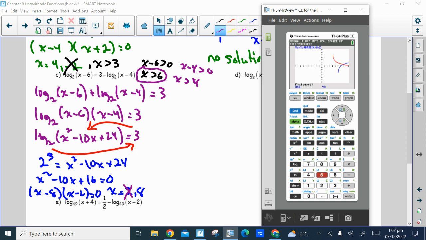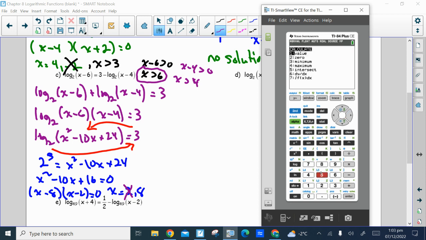Now, notice that I went second function, zoom, then trace. It's asking for the first curve, and it's putting x at 0, and there is no y value indicated because this graph doesn't start till way over here somewhere. Okay, so we're going to have to manually put in an x value, or we can use our arrow key, but I think we can put an x value. Let's put an x value of 8 there. No, it didn't work. Let's try again.